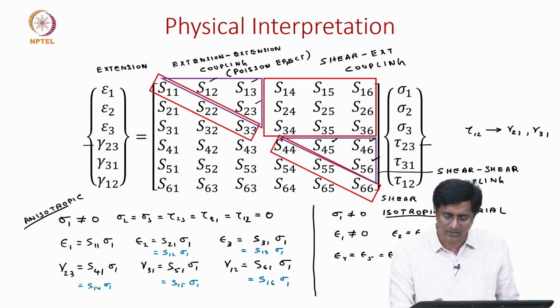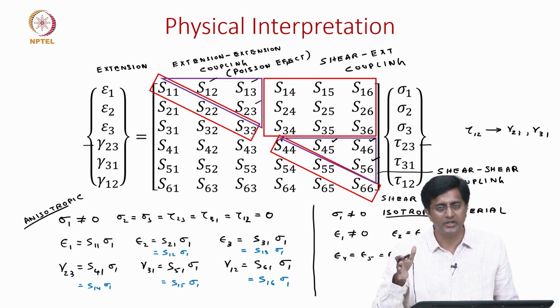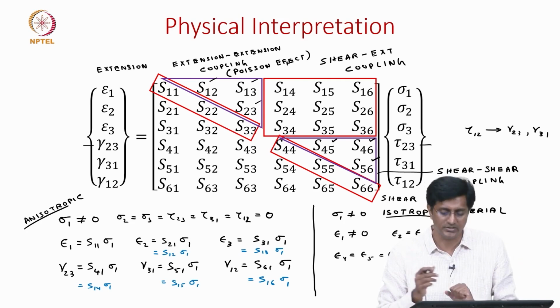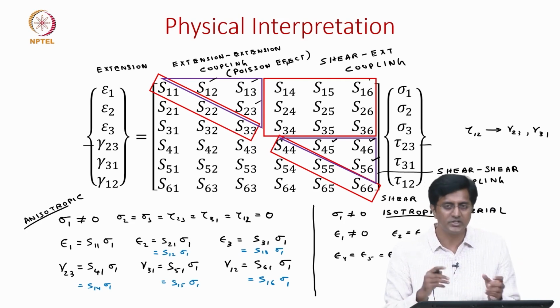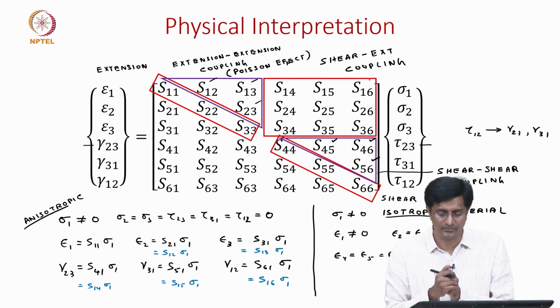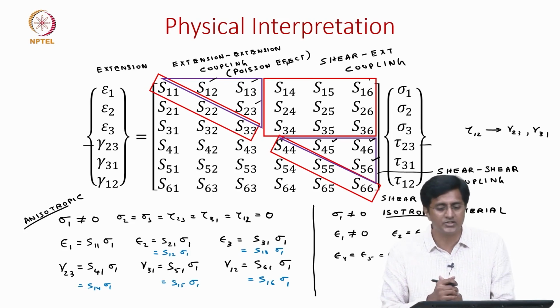Similarly, the bottom triangle is the shear coupling, where if I apply a shear stress in one particular plane, we look at the shear strains in the other two perpendicular planes. And lastly, this shear extension coupling, where because of applying normal stresses, we look at the shear strains happening in the material. Now, to bring in isotropic materials: do isotropic materials have this shear extension coupling?